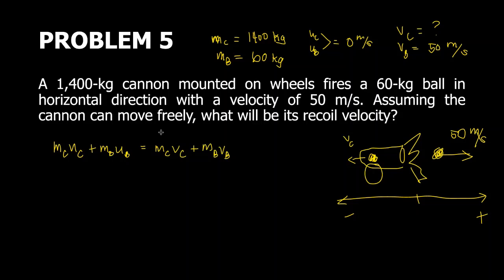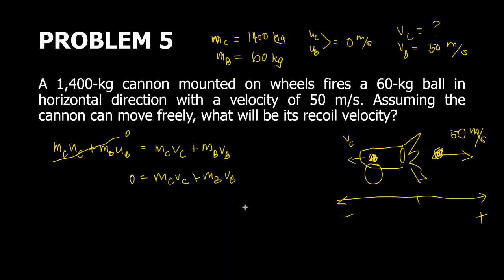This is the final condition. So we do note that u sub c and u sub b are both 0. So technically speaking, ang total momentum niyan is 0 kilograms meters per second. So 0 equals m sub c, v sub c, plus m sub b, v sub b.